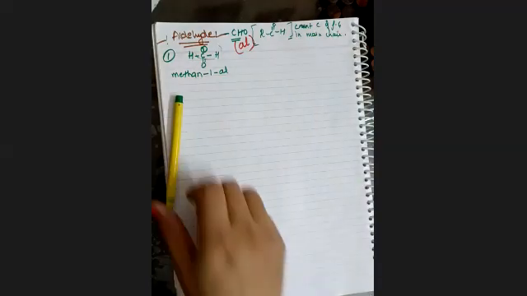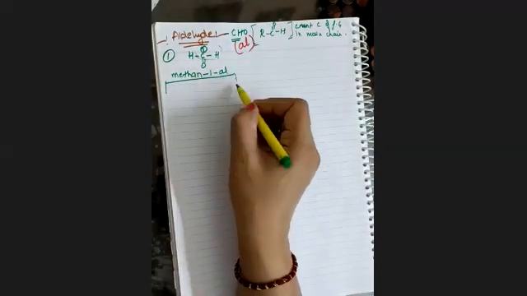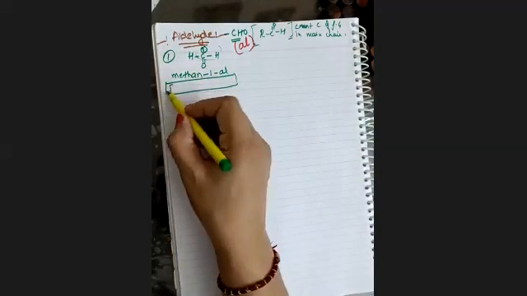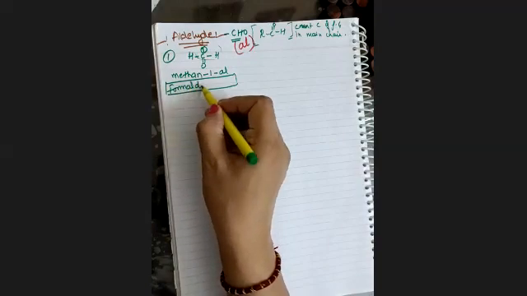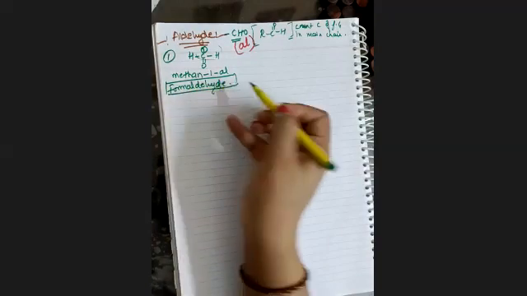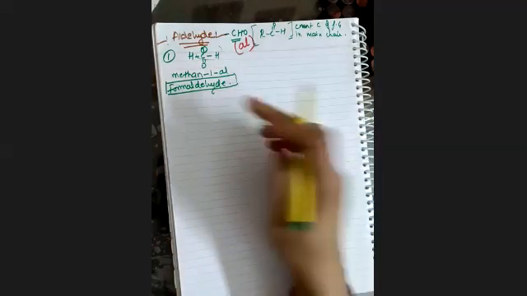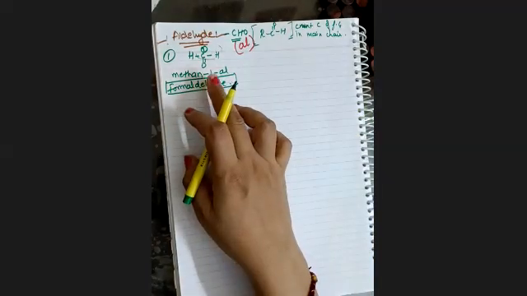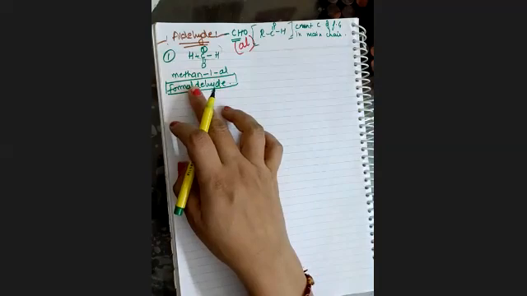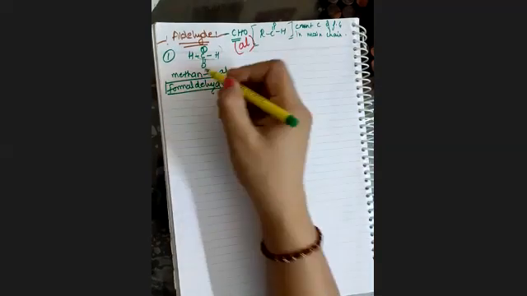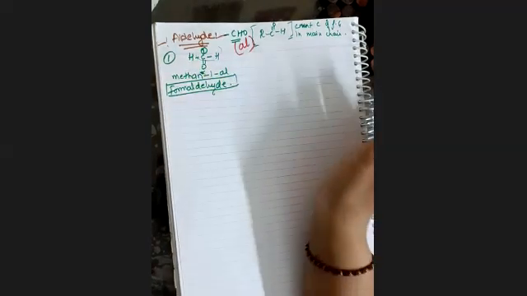Clear? Common name: formaldehyde. I think you are very much familiar with this name. The IUPAC name is methanal. You will not write the e because it is followed by a here.